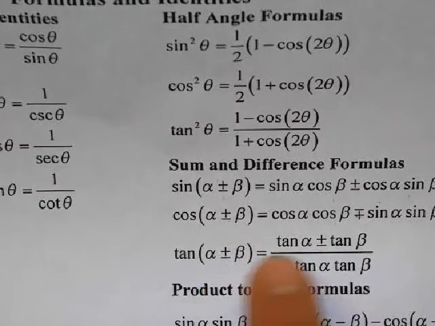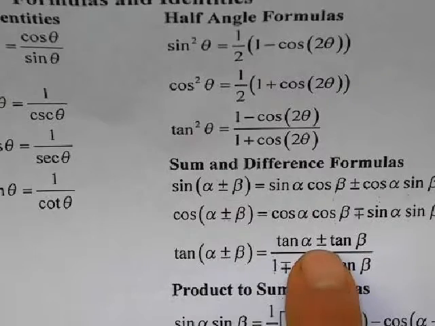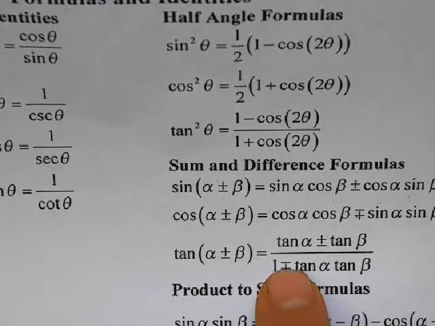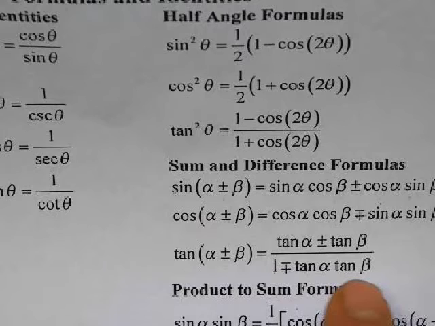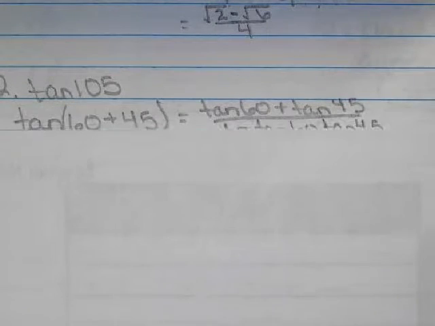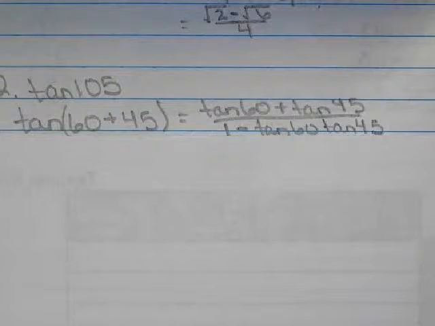If I add them, then in the numerator I'll add them as well, but in the denominator I take 1 minus the tangent of alpha times the tangent of beta. So here I have tangent of 60 plus the tangent of 45 in the numerator, divided by 1 minus the tangent of 60 times the tangent of 45.